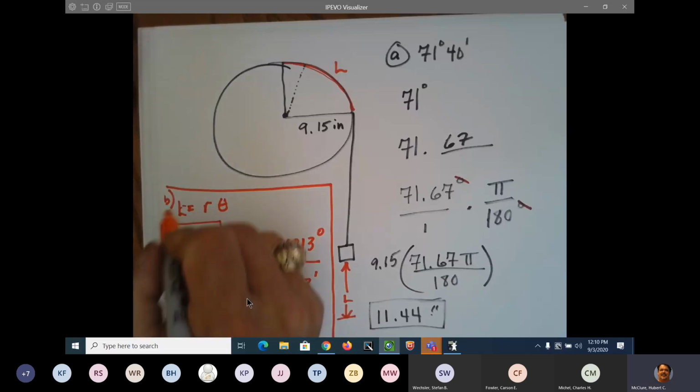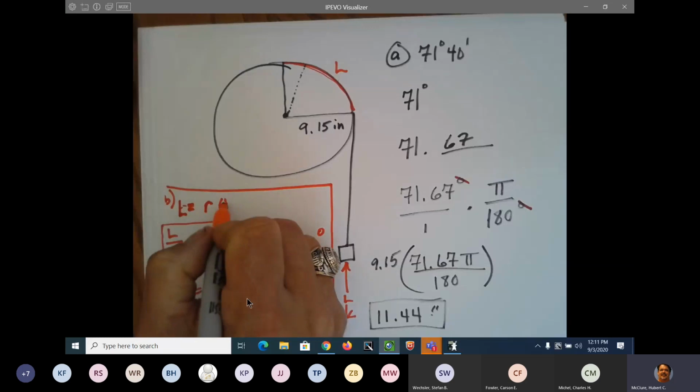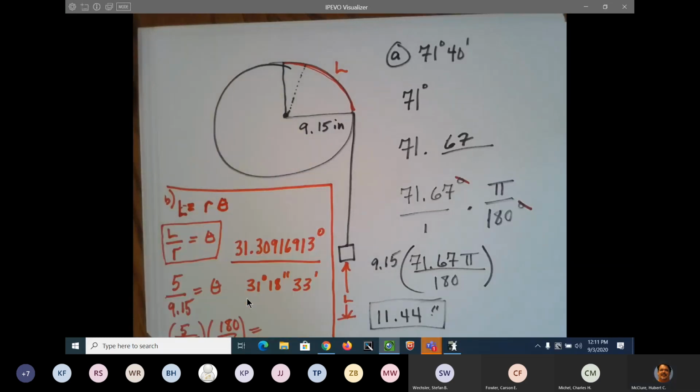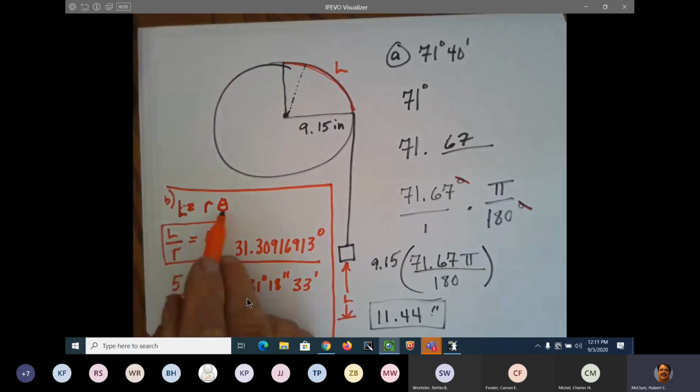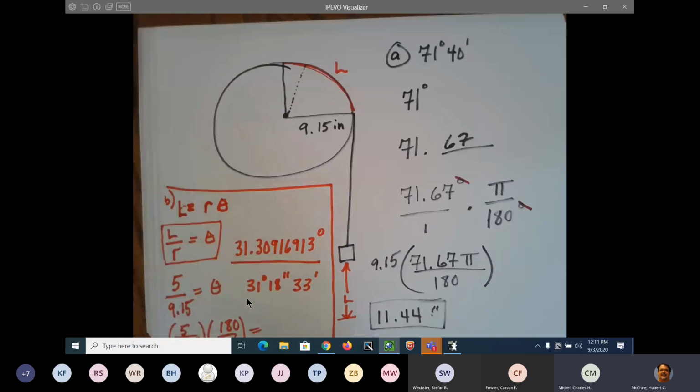L, arc length, is equal to R times theta, and I just solved for theta. How do you get rid of multiplying by R? You divide by R. If you do it on one side, you do it on the other. Yes, sir. But how did you know that the length was 5?